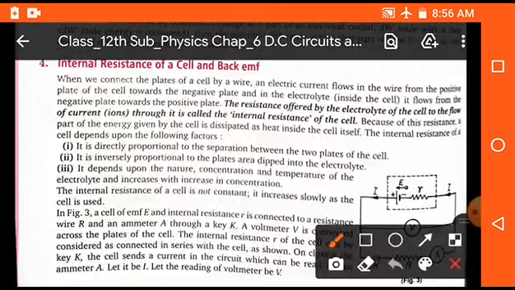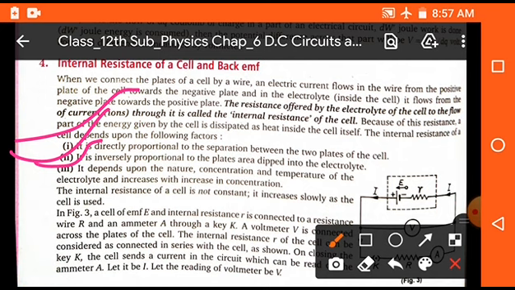Now on which factors does the internal resistance of a cell depend? First, it is directly proportional to the separation between the two plates of a cell. That means the internal resistance is directly proportional to the gap between the two plates. Second, it is inversely proportional to the plate area dipped into the electrolyte.